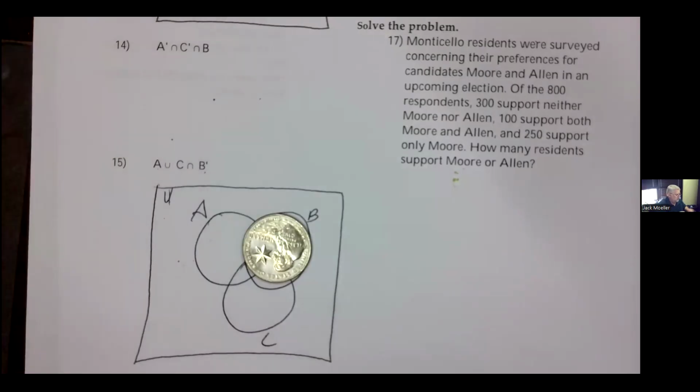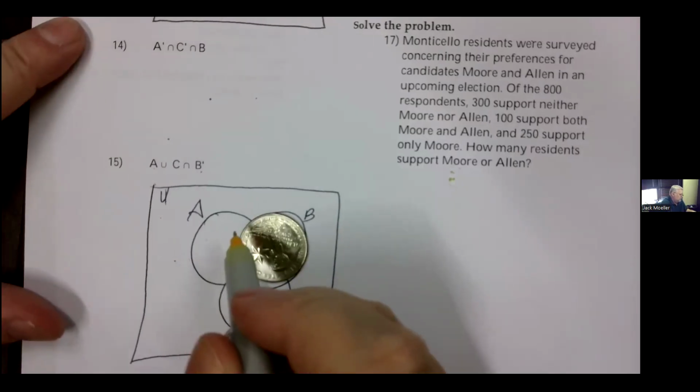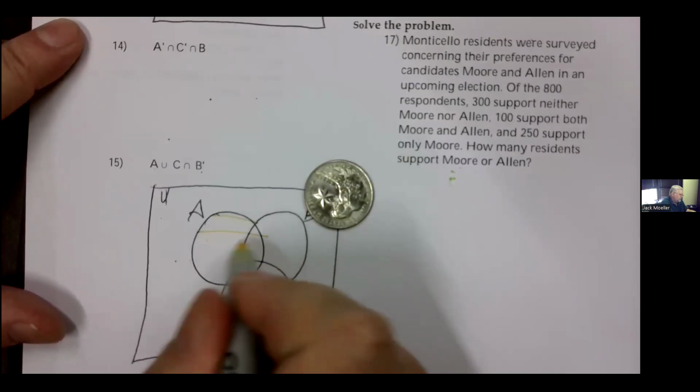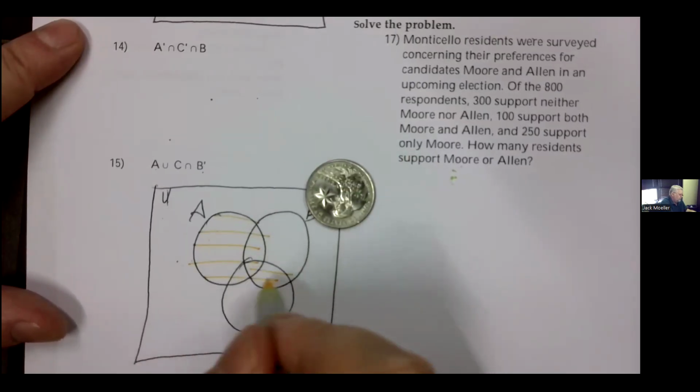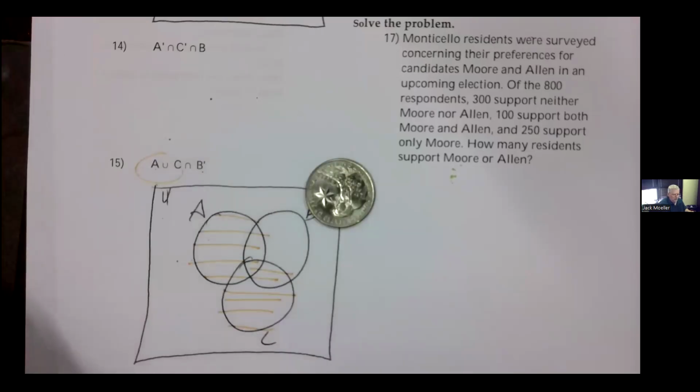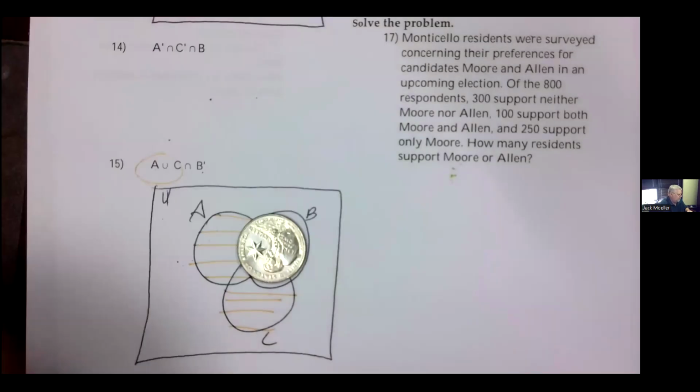So like I said, this is getting messy. So A union C, here's where sometimes I'll do two different colors. So there's A union C. Here is B complement.